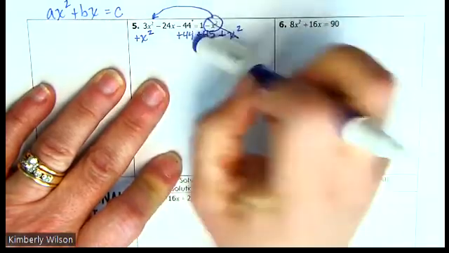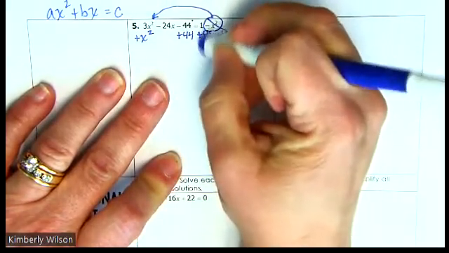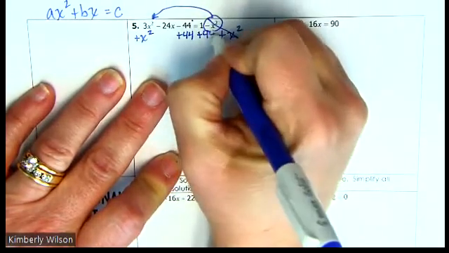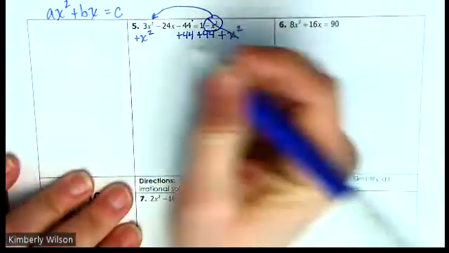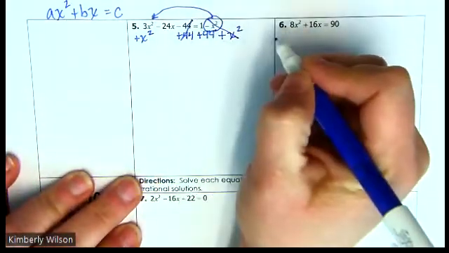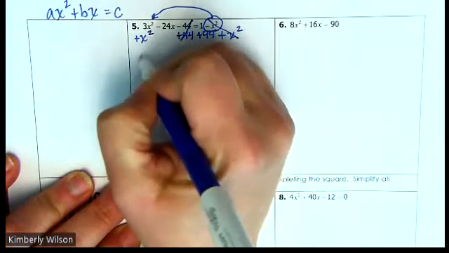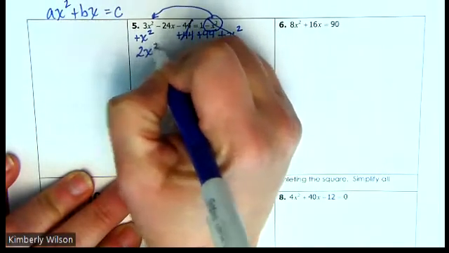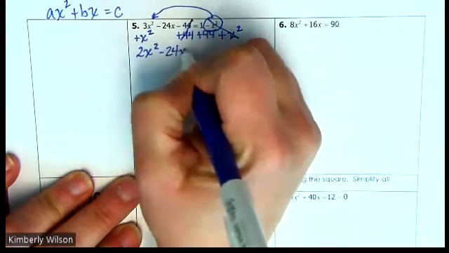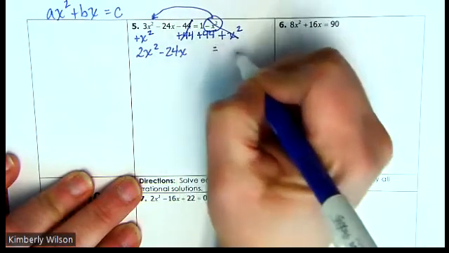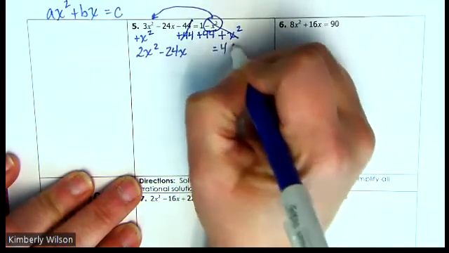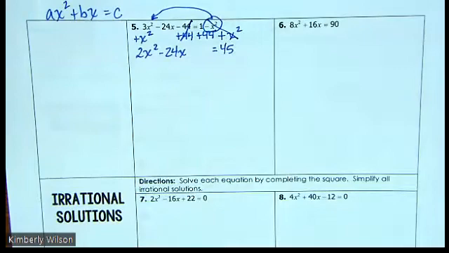At least I caught this one here. Miss Wilson's making a couple of mistakes today. Here we go. So this cancels and that cancels. So now I have 2x squared minus 24x, leave a space, equals 45. There's where my 45 came in. Brain's jumping ahead.